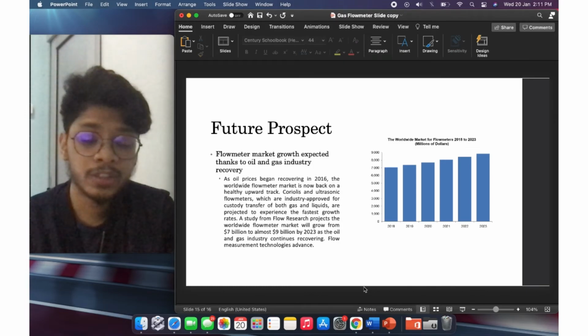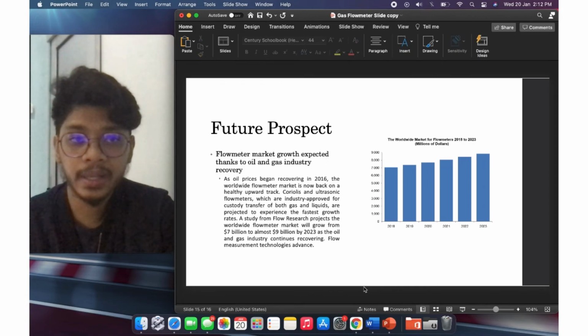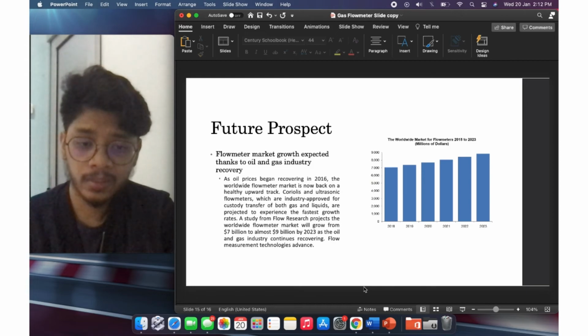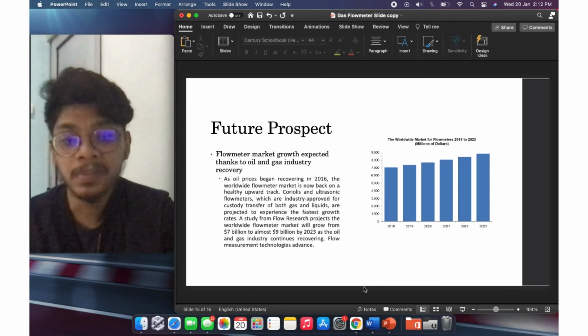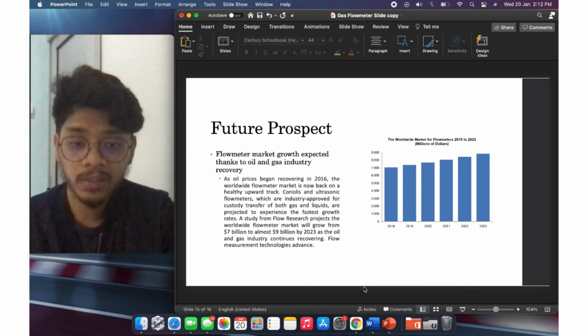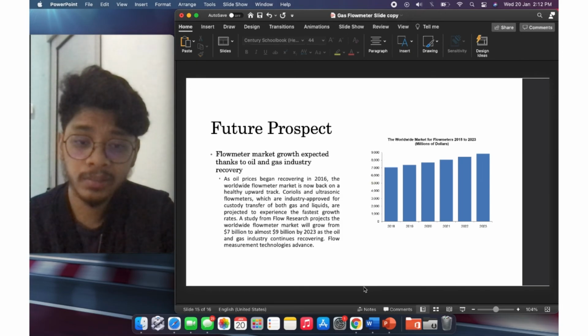This is the future prospect of ultrasonic gas flowmeters and overall gas flowmeters. As you can see, from 2018 until 2033, there is a slight increase of the worldwide market for flowmeters in terms of millions of dollars, from 7 billion to 9 billion US dollars, as oil prices began recovering in 2016.